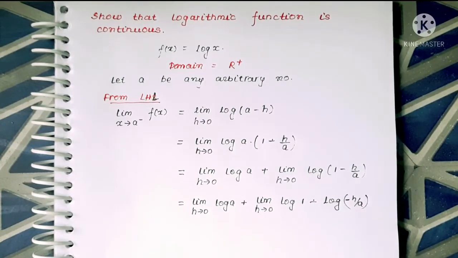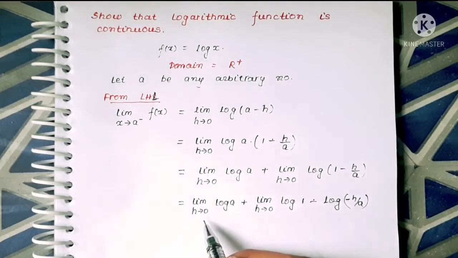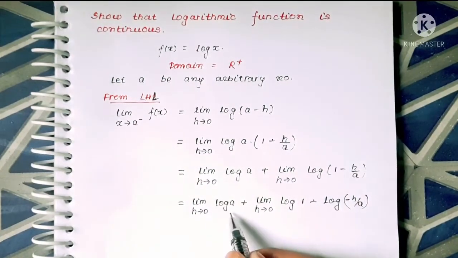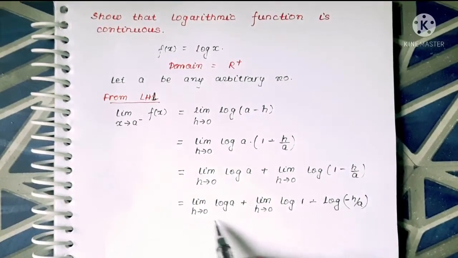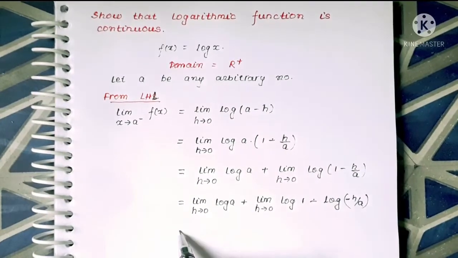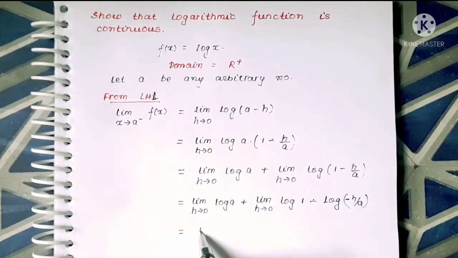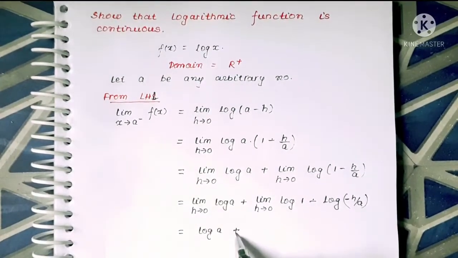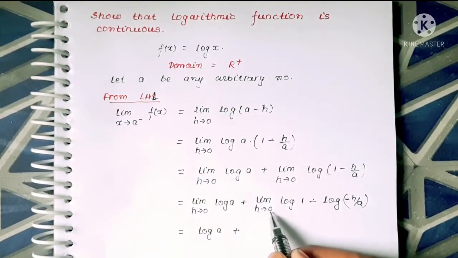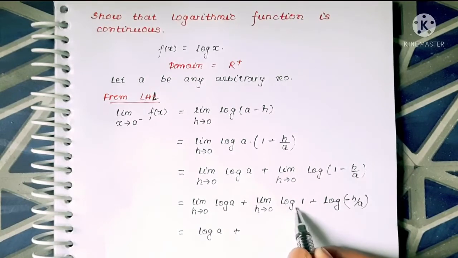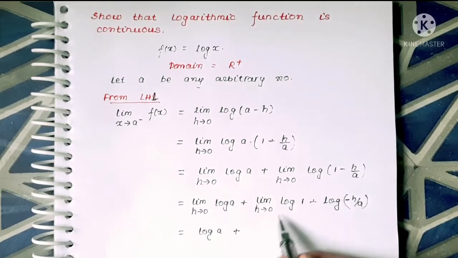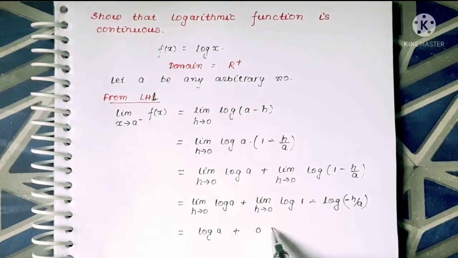So what we have to do now, we can put h tends to 0 in these cases. In the first there is no h, so the value will come as log a. Here we put h tends to 0, but we know that log 1 is equal to 0, so the value of this one will become 0.